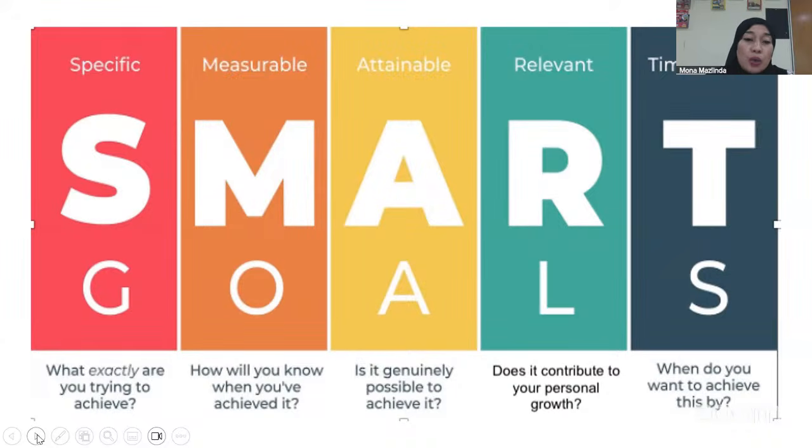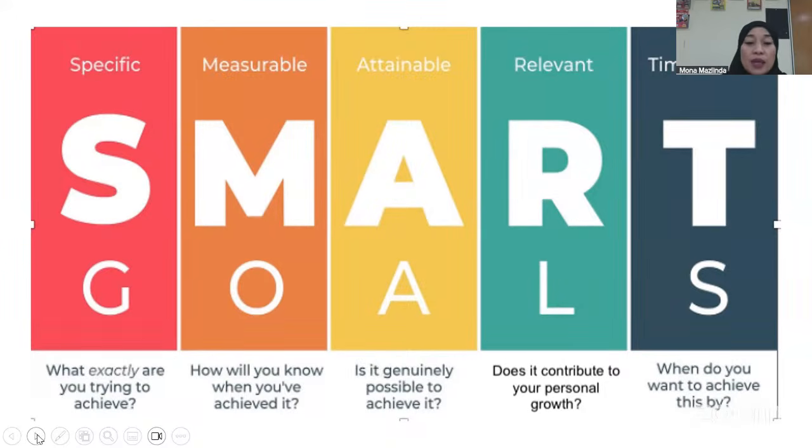So your goals must be specific, what exactly you are trying to achieve, and measurable. You are able to achieve it in 3 months, in one semester. How will you know when you have achieved and attained it? It can be achieved, you can gain the knowledge, it is relevant, and the time-bound is achievable.